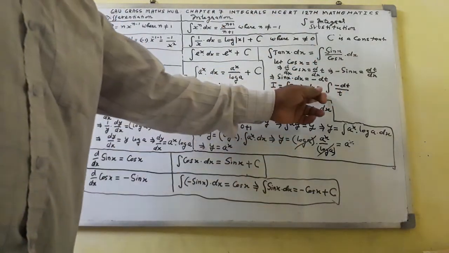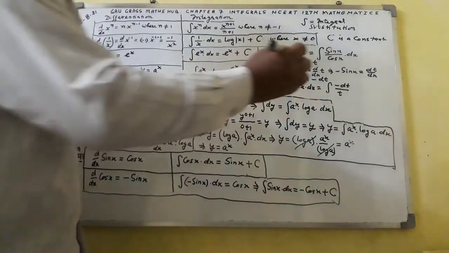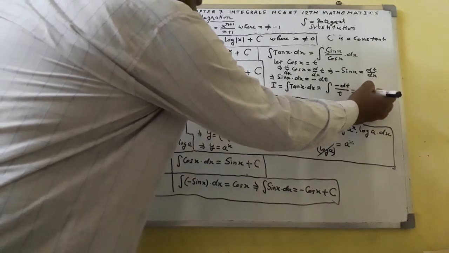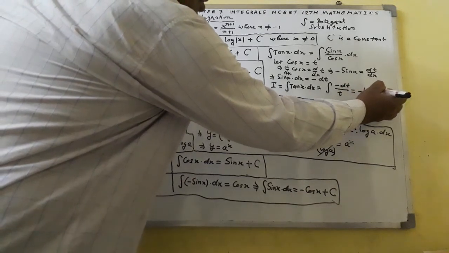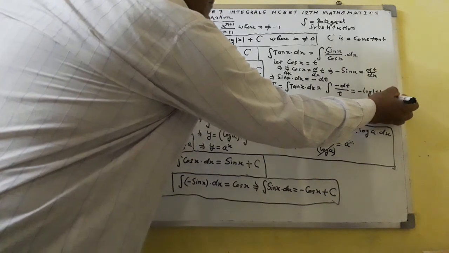So here you have got integral minus dt over t. So we will get minus log mod t plus c.